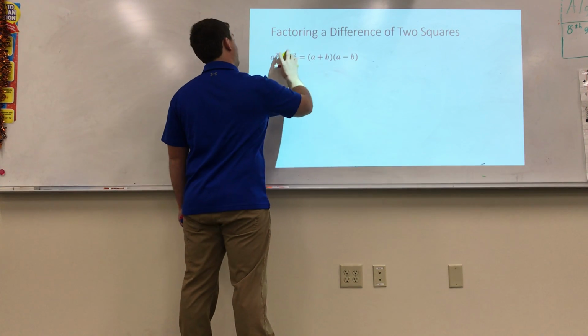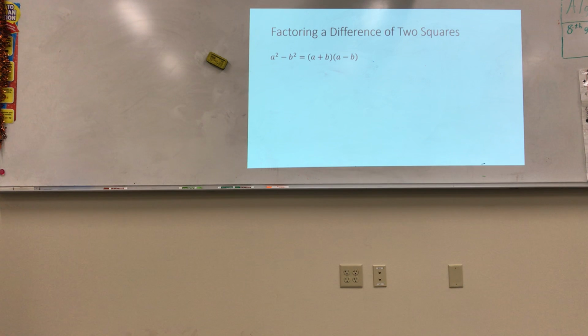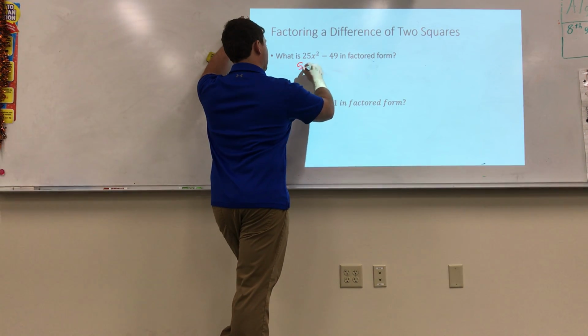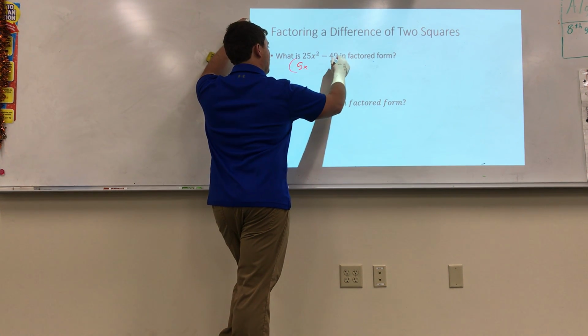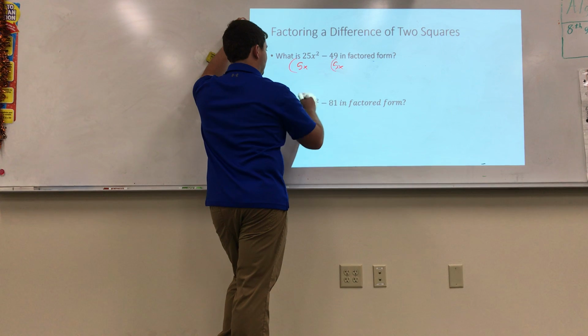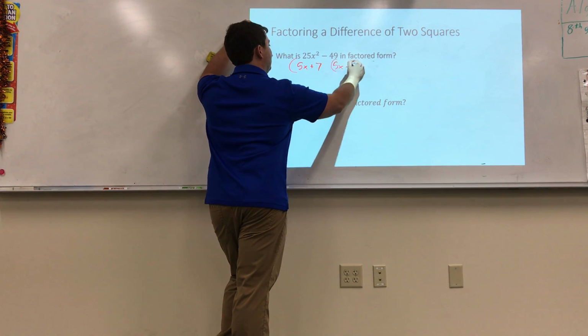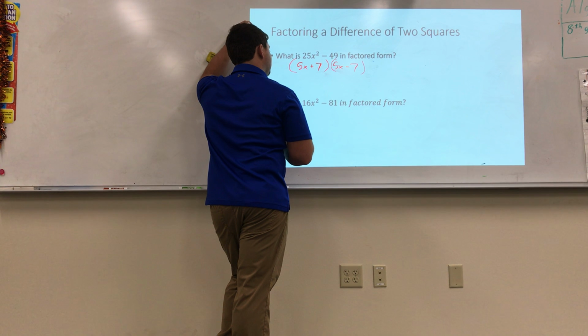Those numbers are probably going to be perfect squares as well, because it has to cancel out in the middle. So, here, what's the perfect square of 25? 5. Perfect square of x is x, so 5x. There's 2 of them. Nothing in the middle, so I'm really thinking plus minus here. What's the square root of 49? 7. Okay, both of them have perfect squares.